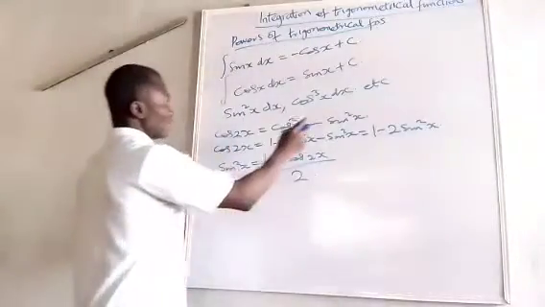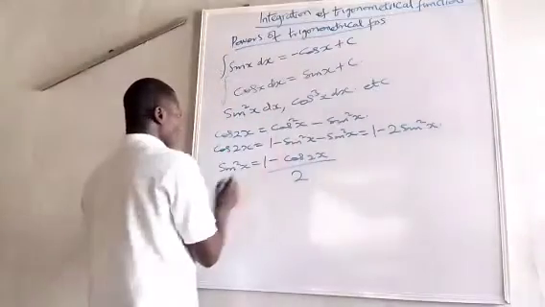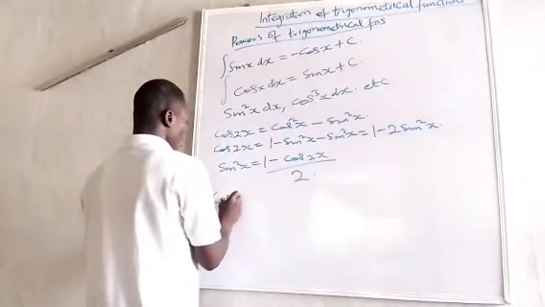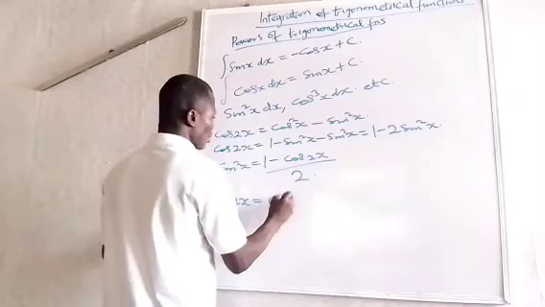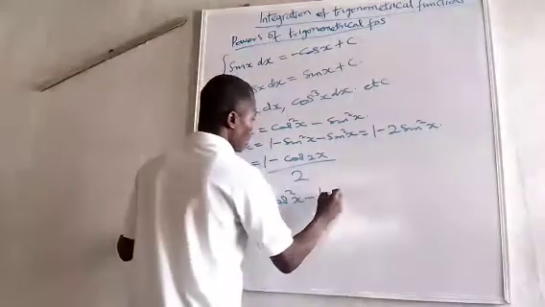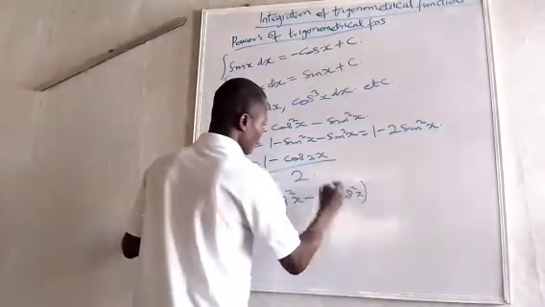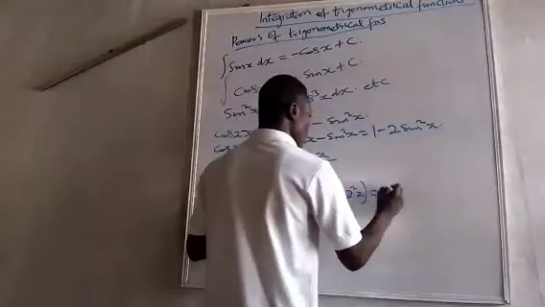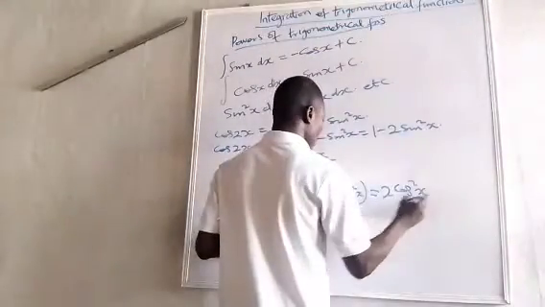Now let's look at the cos. You have cos 2x is equal to cos square x minus (1 minus cos square x), which is 2 cos square x minus 1.